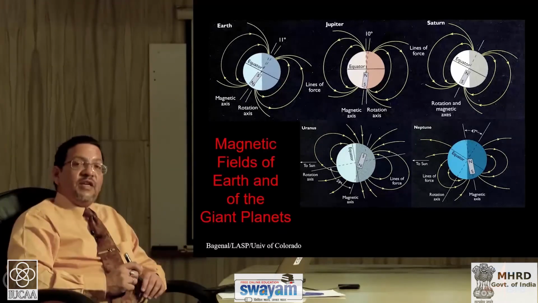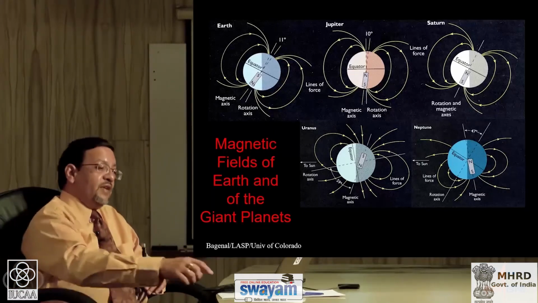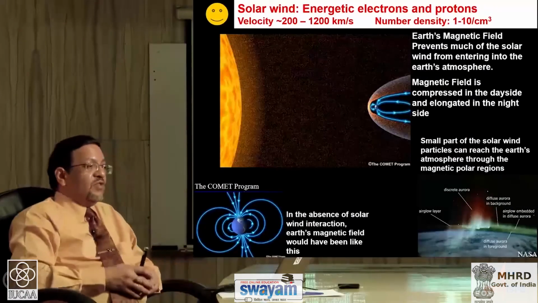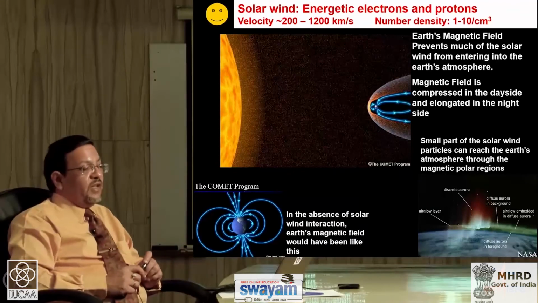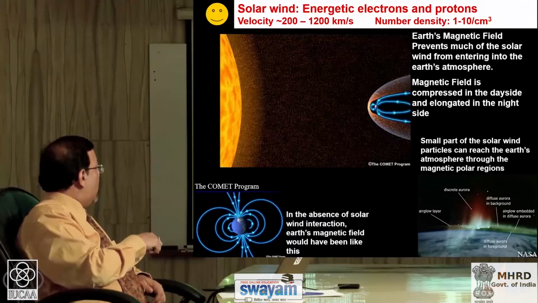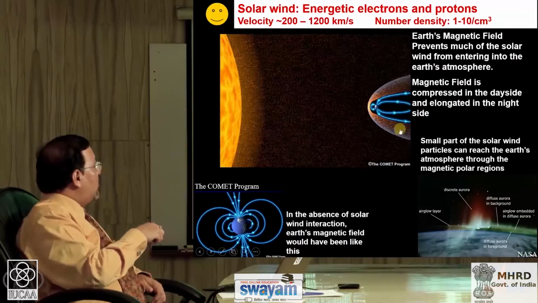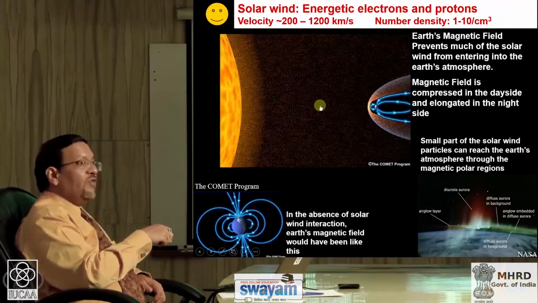Now, once the planet has a magnetic field and an atmosphere, it will have a huge magnetosphere which looks something like this, where a normal magnetic configuration which you see over here is deformed into this kind of configuration because of the plasma coming from the sun, which is called the solar wind.